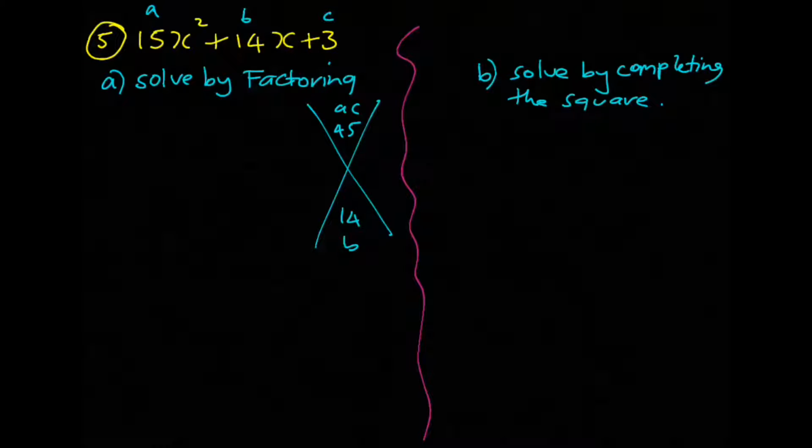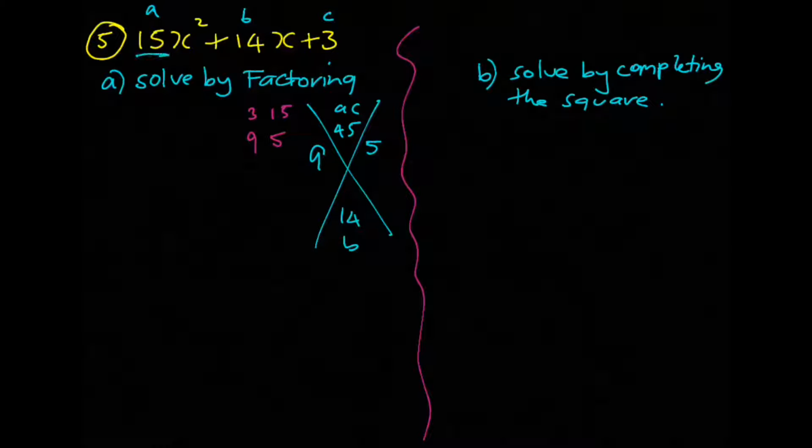So let's use trial and error to work out what the two numbers are. They multiply to give 45 and add to give positive 14. Let's try 3 and 15. That's not going to work. 9 times 5 is 45. 9 plus 5 is 14. So there are your factors. So we've got 9 and 5.